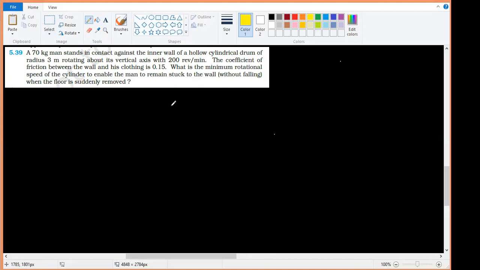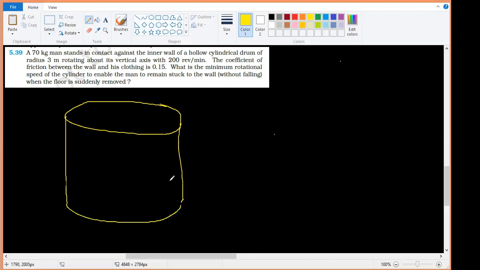So that means there is a hollow cylindrical drum like this, and there is a man standing close to the wall. And then you know that this cylindrical drum will be spinning, the roundabout rides.